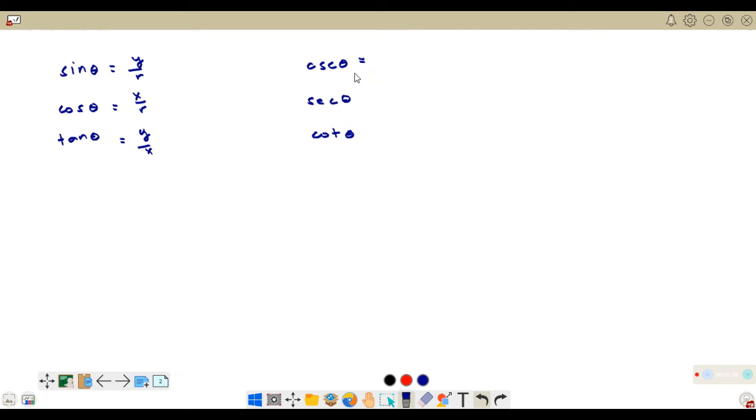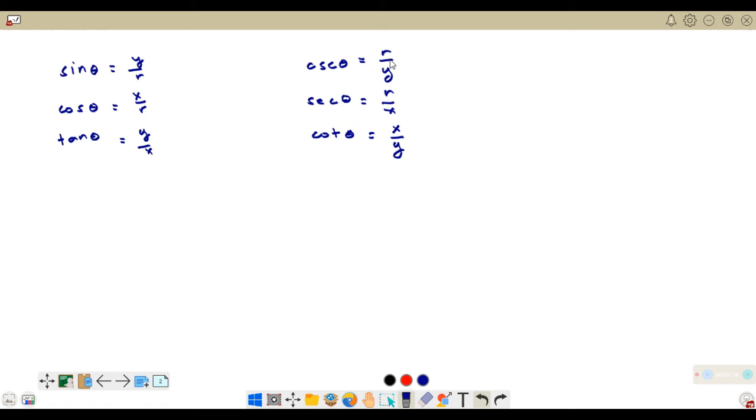Ito naman, cosecant theta, this is hypotenuse over opposite or r over y. Secant theta is adjacent over the hypotenuse, which is, or hypotenuse over adjacent. Reciprocal nitong cosecant theta, we have r over x. And finally, for cotangent theta, we have x over y, adjacent over opposite.